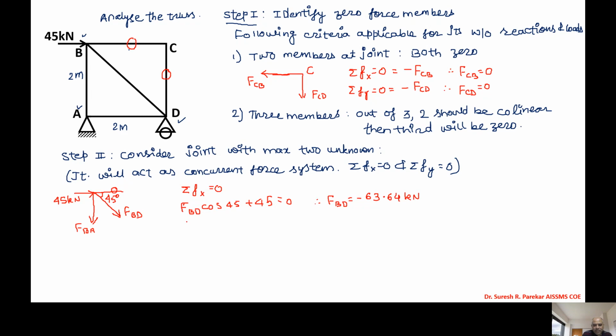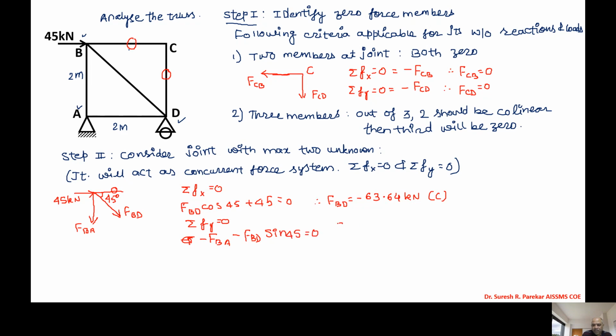The value is minus, so we have compression. Then summation Fy equal to 0. We have minus FBA, and a component of BD again minus because it is in the downward direction, minus FBD sin 45, equal to 0.